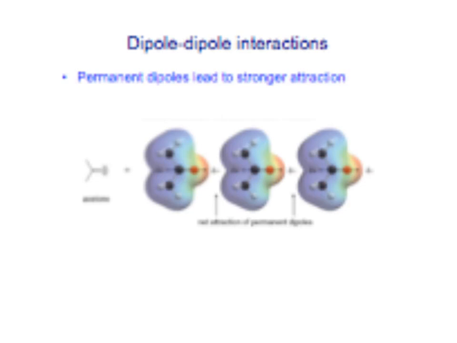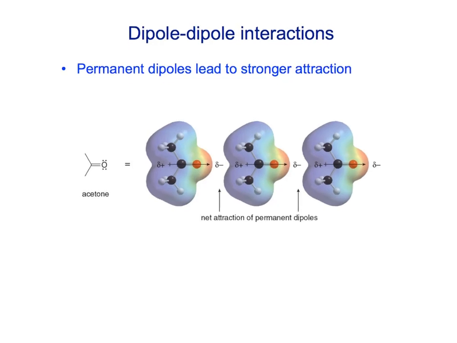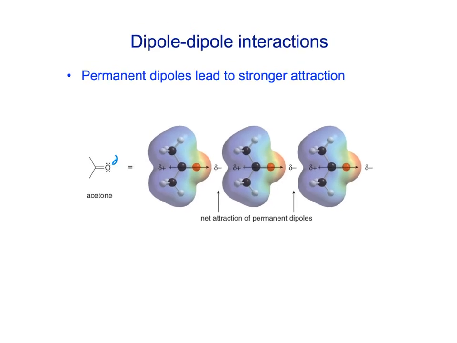The next strongest were the permanent dipole-dipole interactions. So these are molecules that have polarized bonds. So in this molecule, it has this carbon-oxygen bond. Oxygen is more electronegative than carbon, so there would be a delta minus on the oxygen and a delta plus on the carbon.